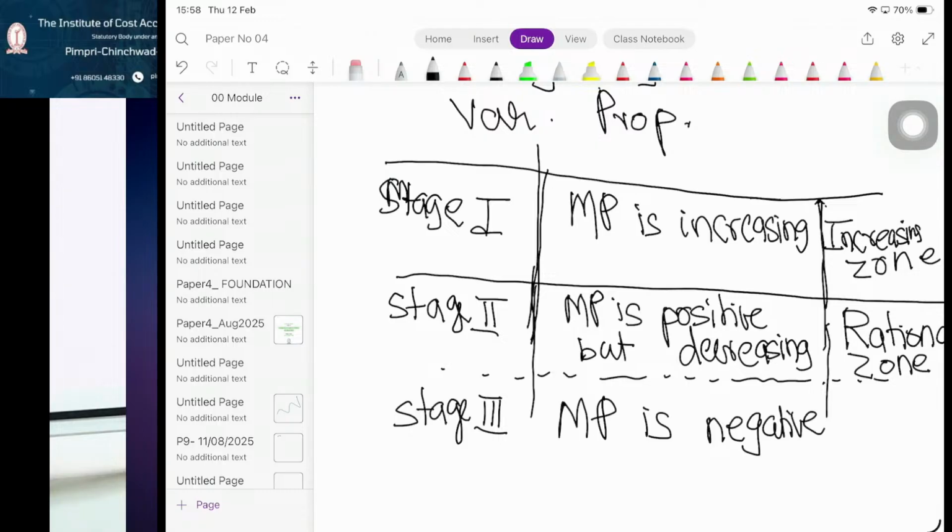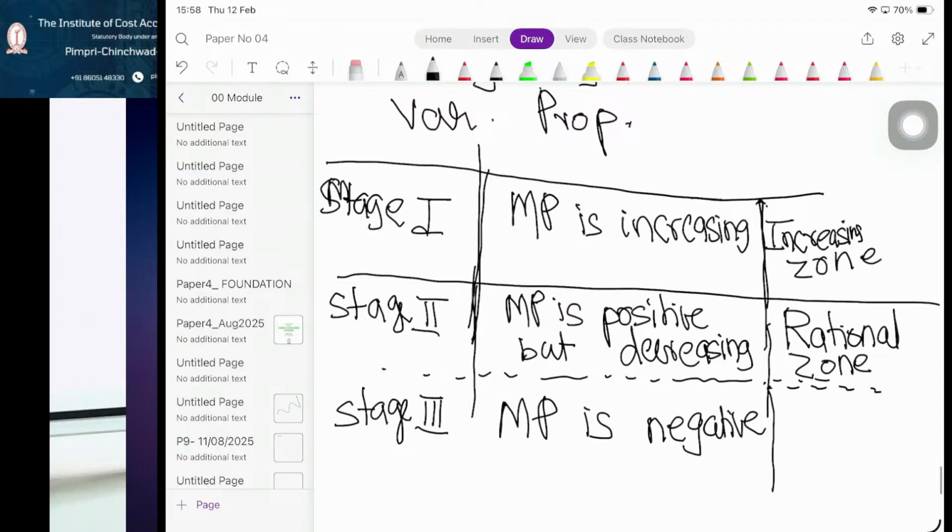Marginal product becomes negative, and when marginal product becomes negative, no firm will ever operate here because you are hiring more inputs and your output is decreasing. So this zone is called the irrational zone because no firm will ever operate here. It is called the irrational zone.